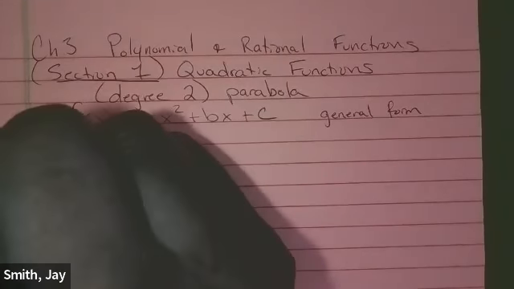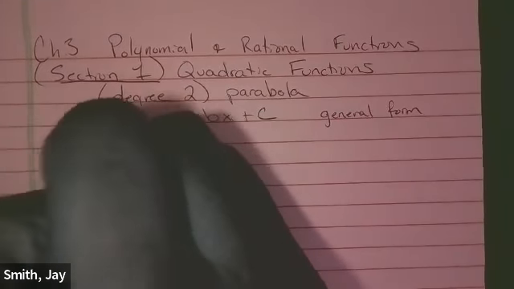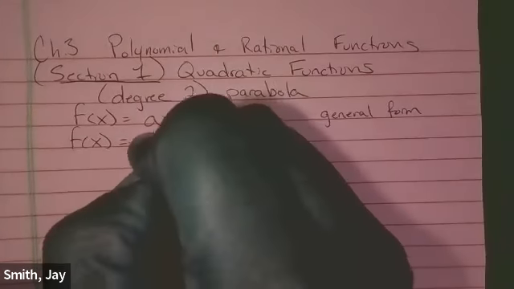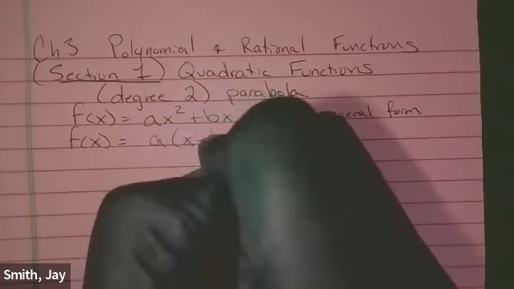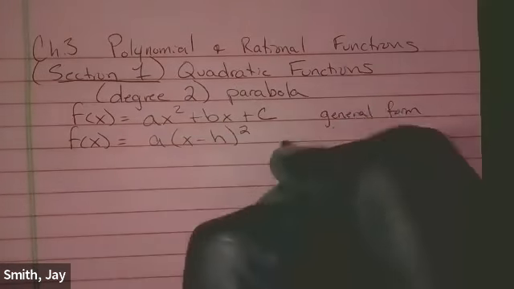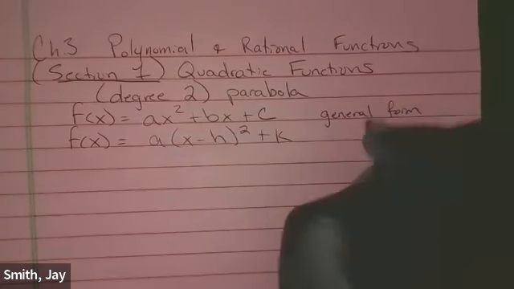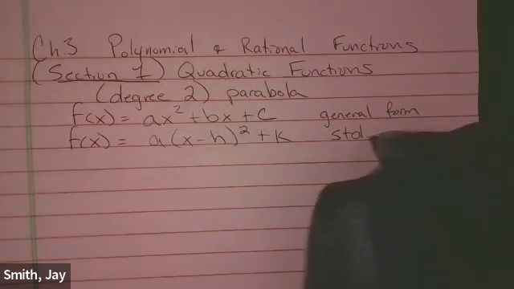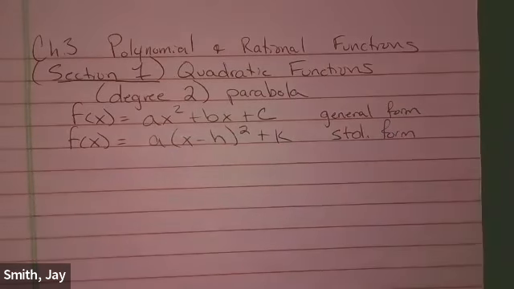In the standard form, f of x is equal to a times x minus h quantity squared plus k. Now our goal is to take it from general form to standard form if it isn't already given to us in the standard form.